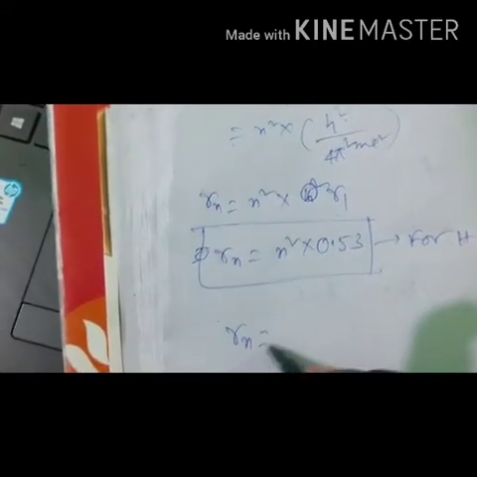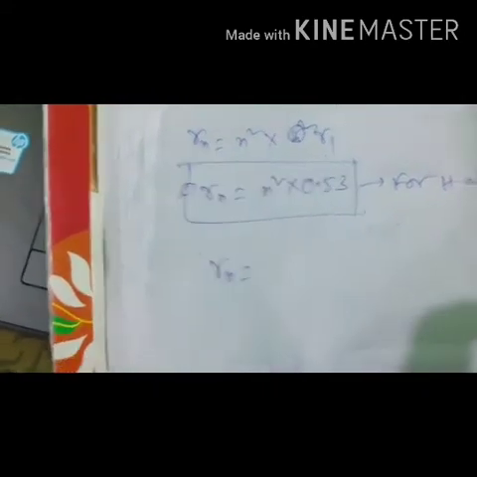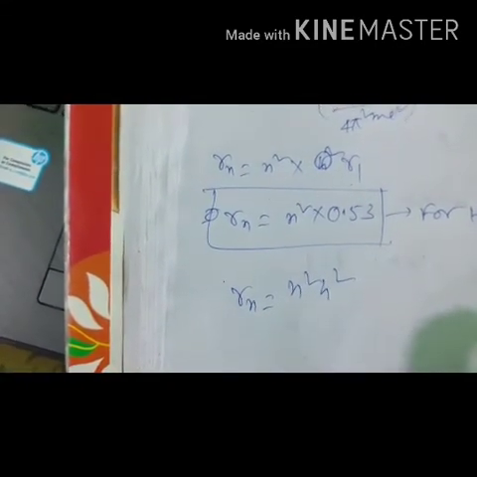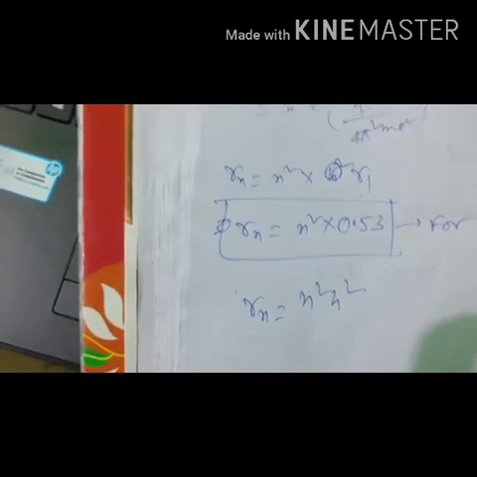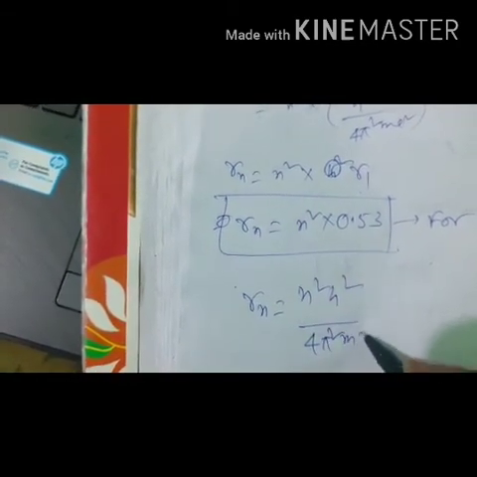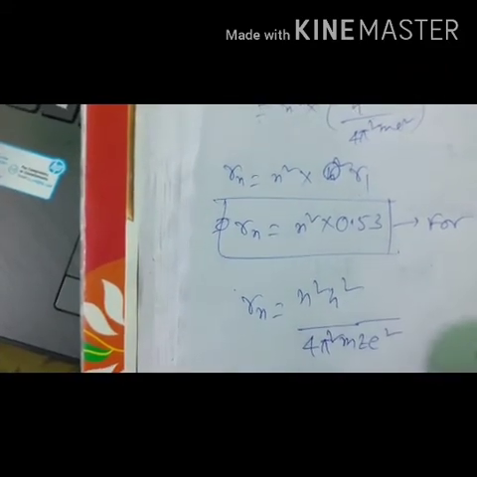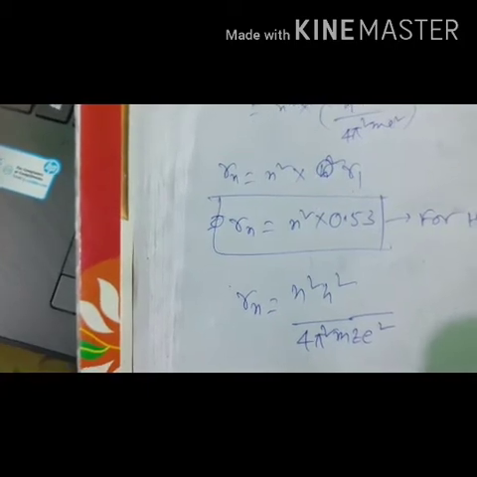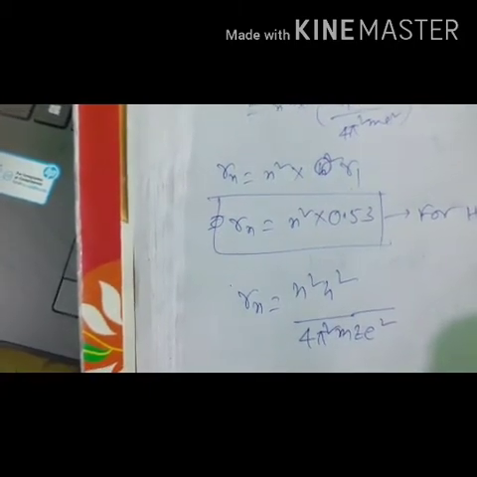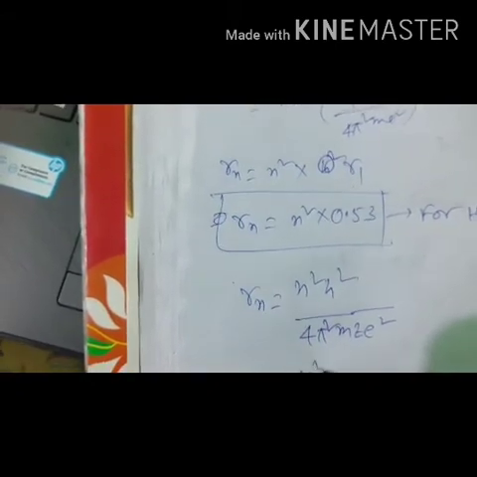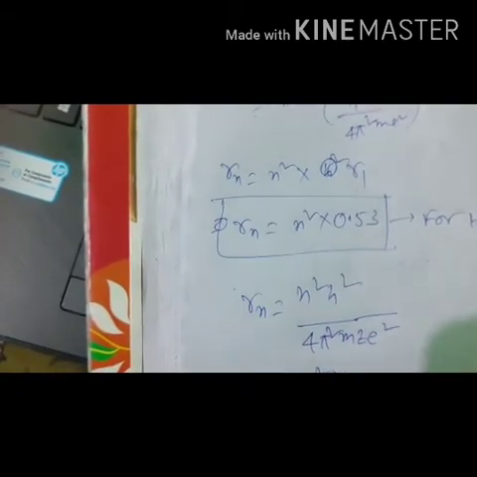So we can write the general expression Rn equals n square h square divided by 4 pi square m Z square, which will be equal to n square divided by Z.